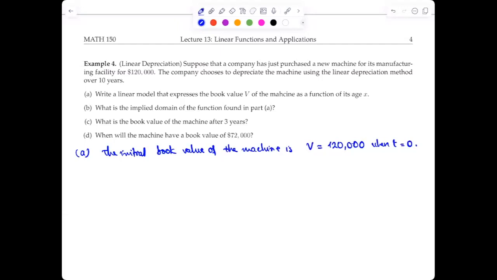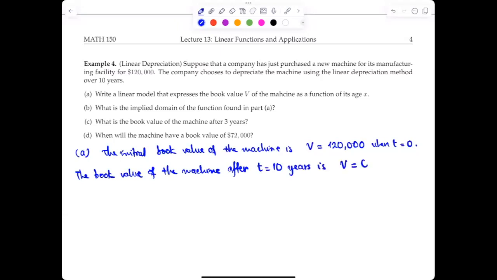Okay, so that's the assumption that we need to make. So the book value of the machine after t equal to 10 years is V equal to 0.